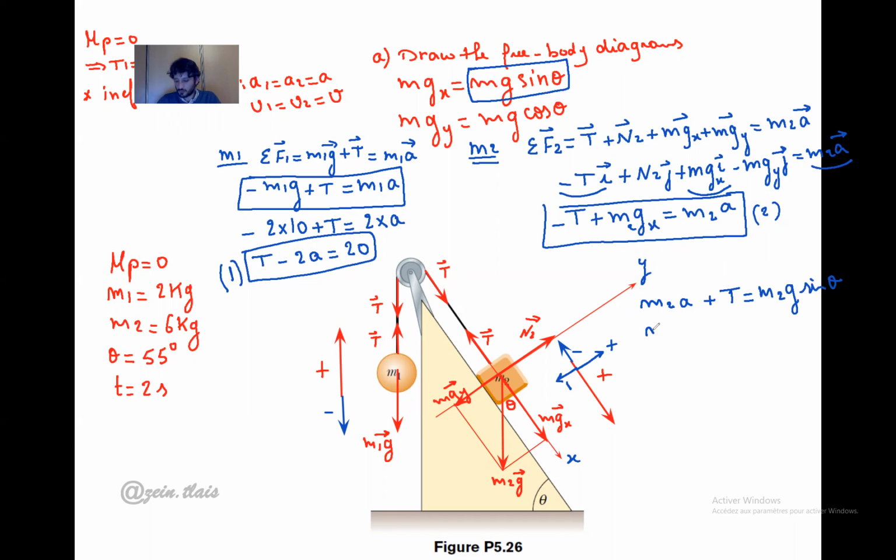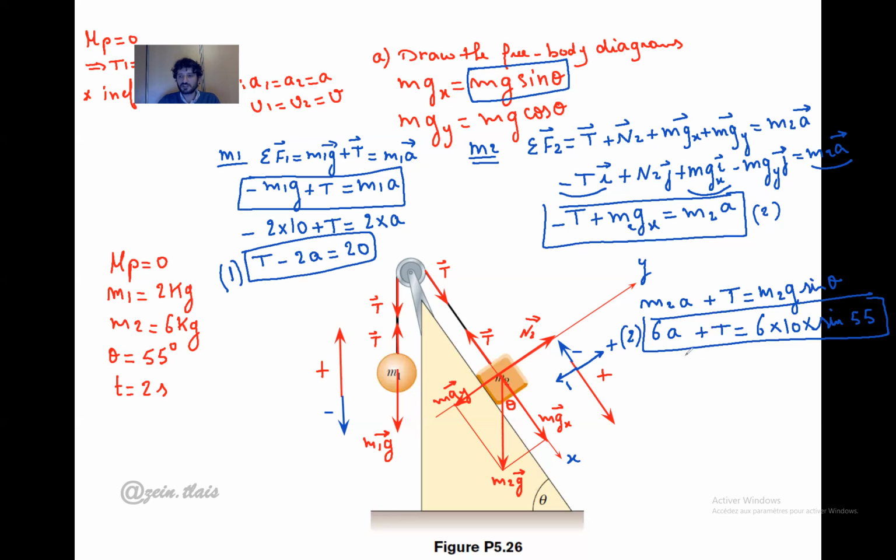So M2 equals 6, times A, 6A plus T equals 6 times 10 times sine 55. This is equation 2. By your calculator, you have to solve equation 1 and 2.